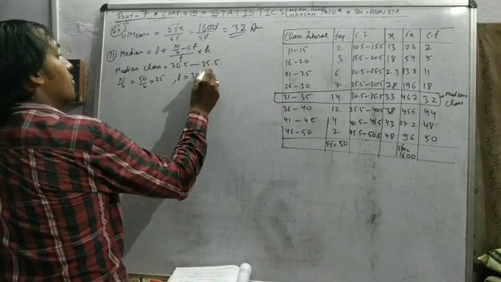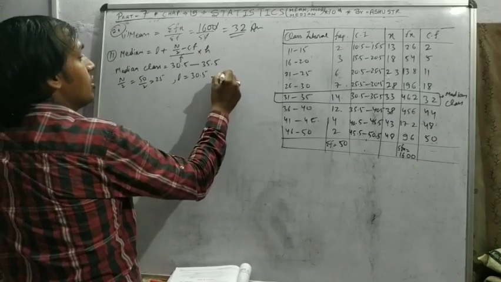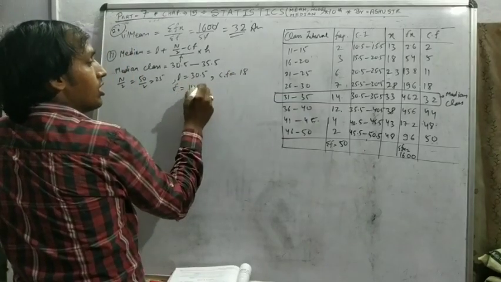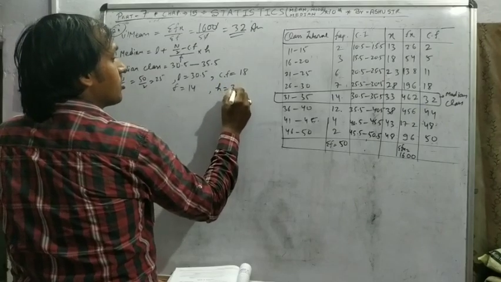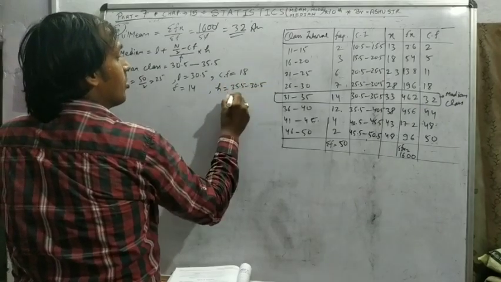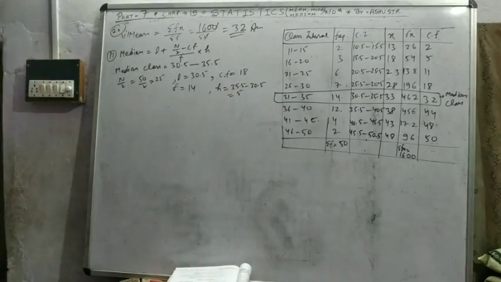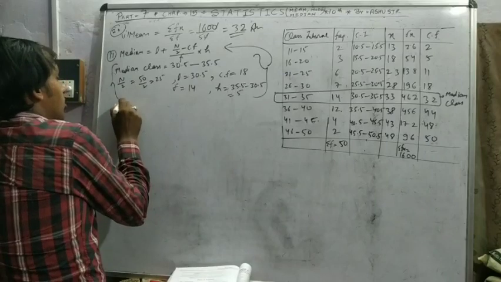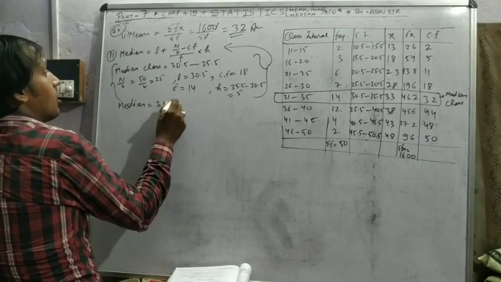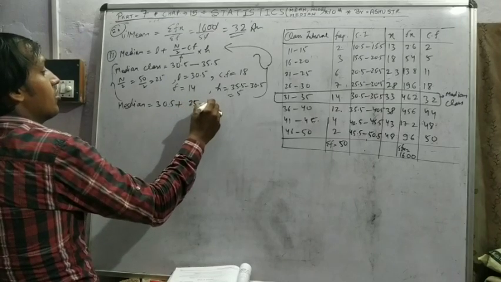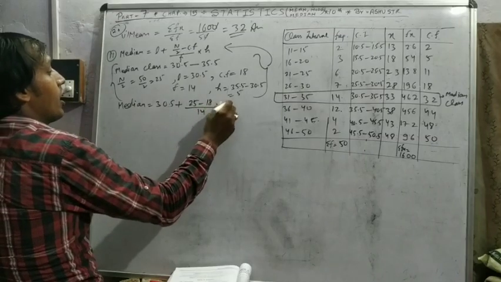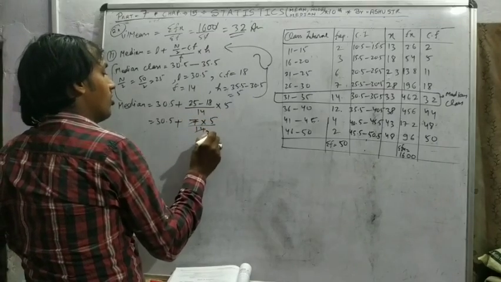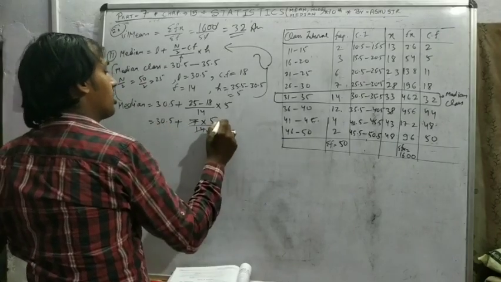The value of L is 30.5, n by 2 is already found, CF is the preceding cumulative frequency, that is 18. f, the frequency, is 14. h is the class size, 5. Putting all the values in the formula, median is equal to 30.5 plus 25 minus 18 by 14 into 5, that is 30.5 plus 2.5.